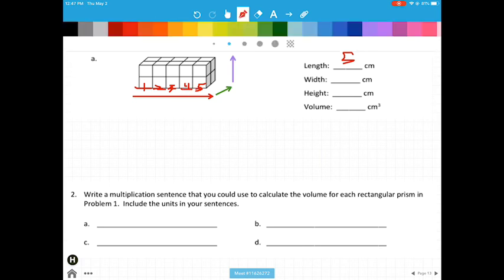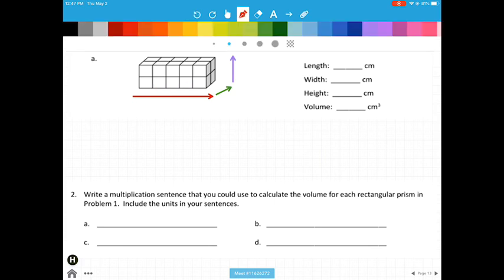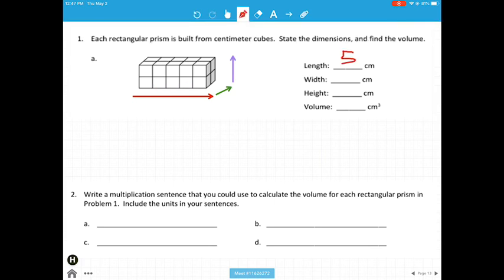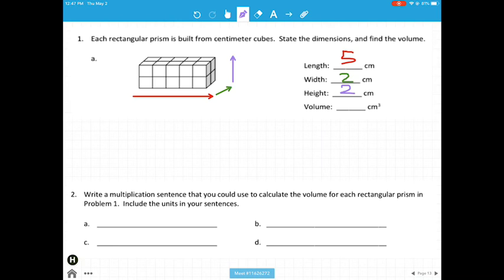Now I'm going to go back, and this edge, to be more exact, is 2. There's 2 edges there. Hopefully you understand how to get the number that we're looking for. I'm going to put the 5 and the 2. And then we're going to go up for the height, and there's 2 cubes up.